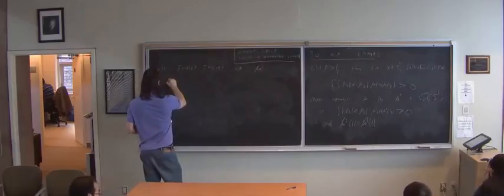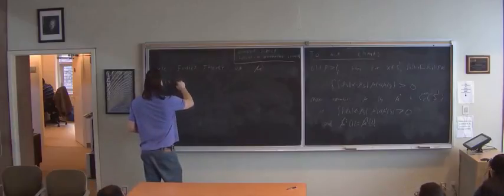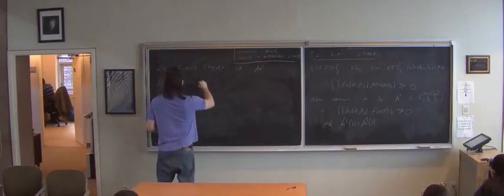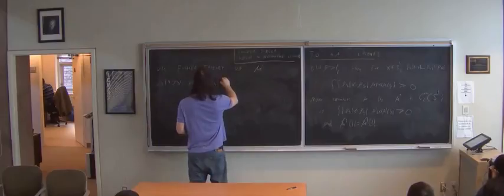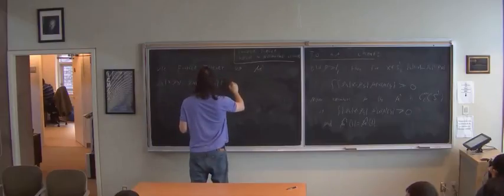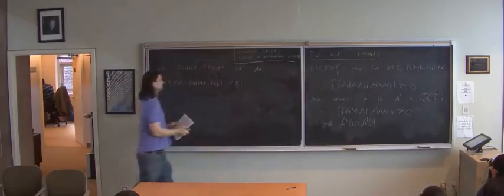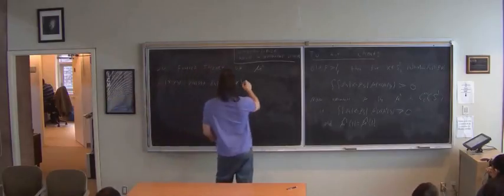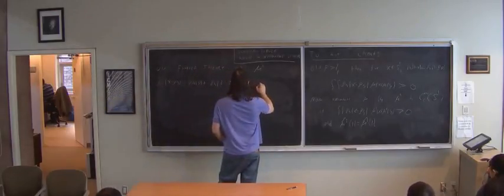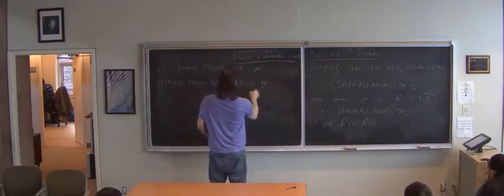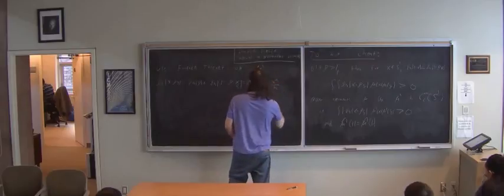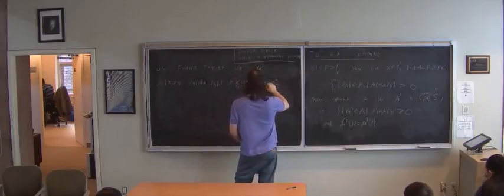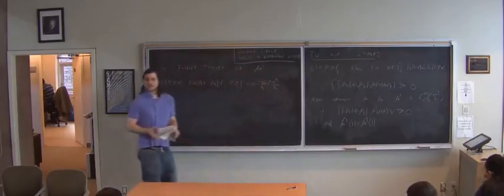Now if you look at log|x minus rho y|, this is log rho plus log|1 minus rho inverse x over y|. So this is log rho minus the sum over n of x to the n divided by n, with a rho to the minus n out front.